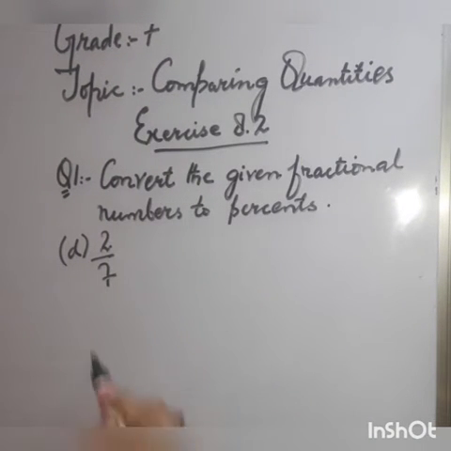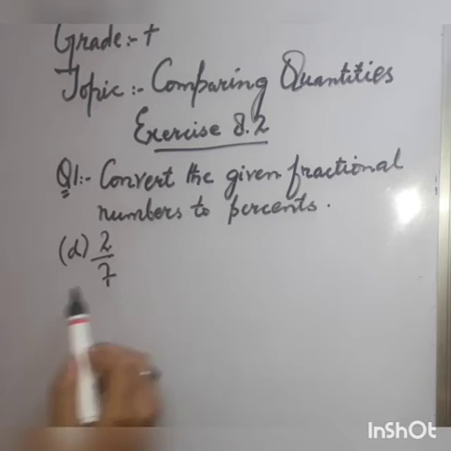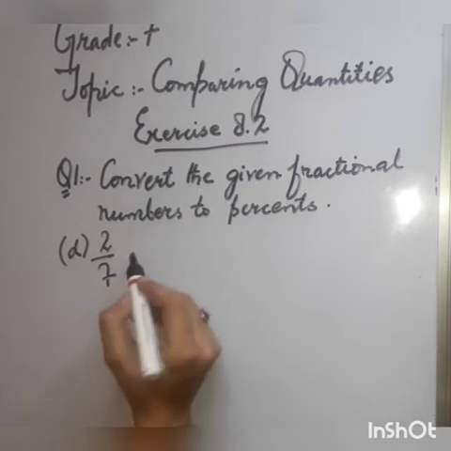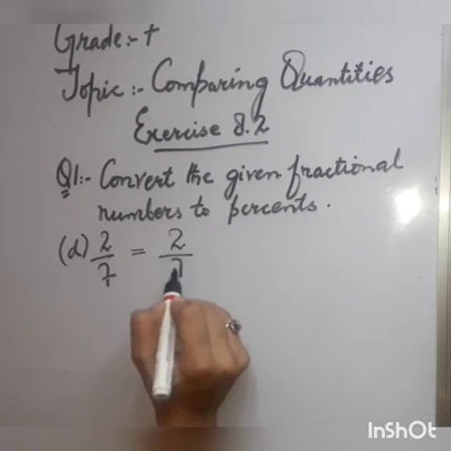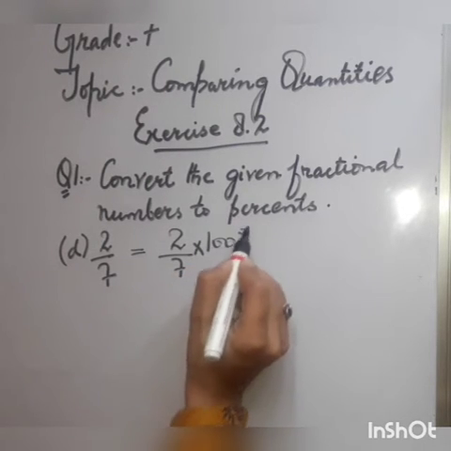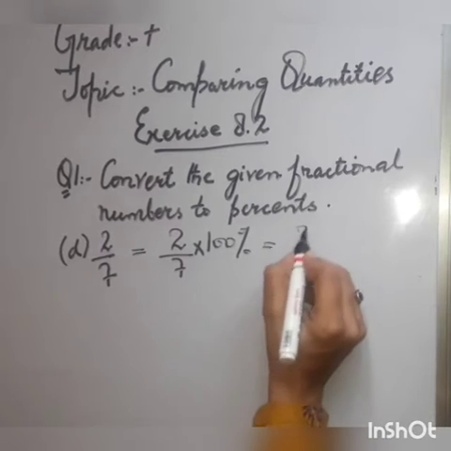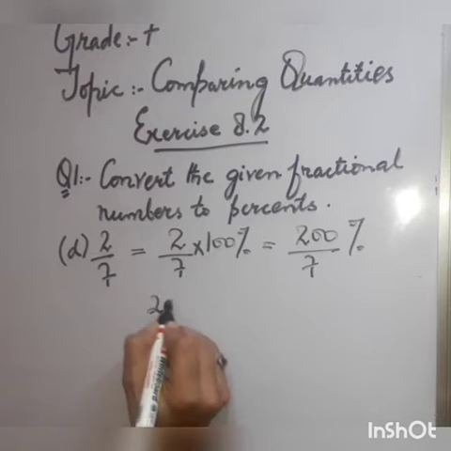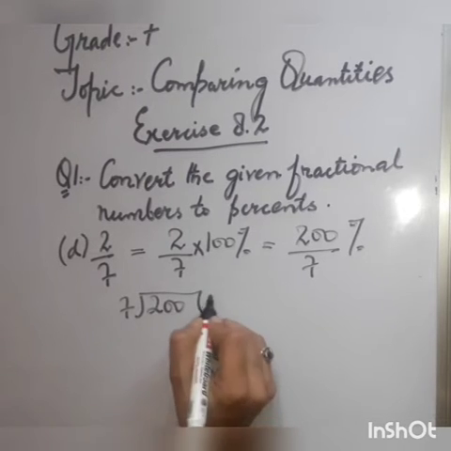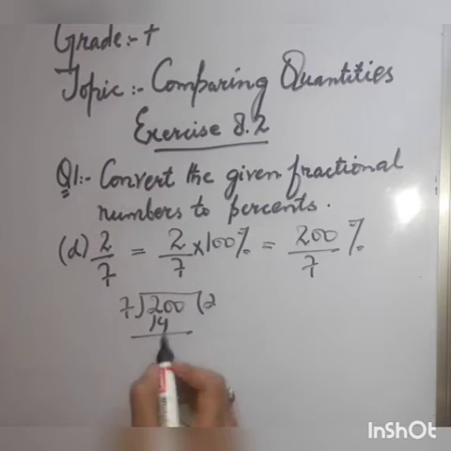Now students, another part here is 2 by 7. This is part D as per your textbook. Now to convert this fraction into percent, we'll multiply this again by 100 and write the percent sign. Now 2 into 100 is 200 by 7%. Now we'll divide this 200 by 7. 7 2s are 14. We'll be left with 6.